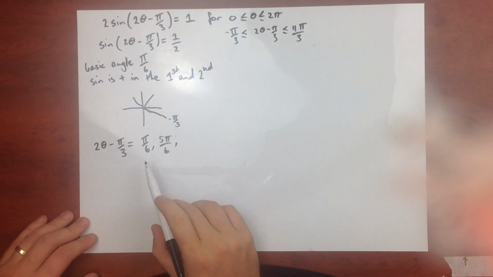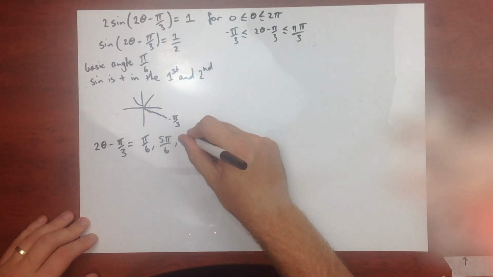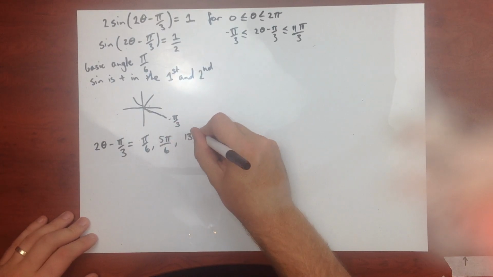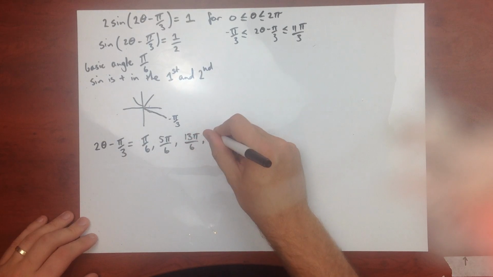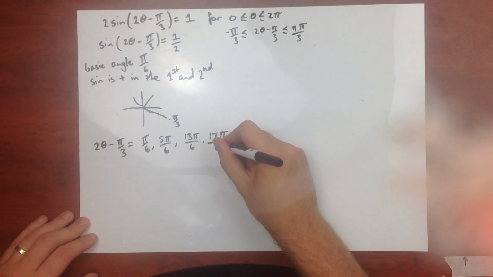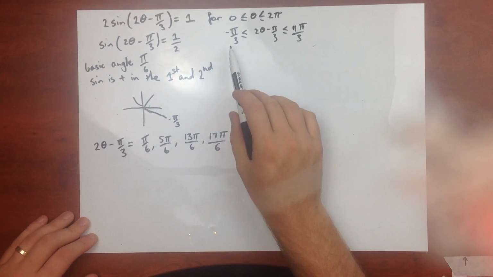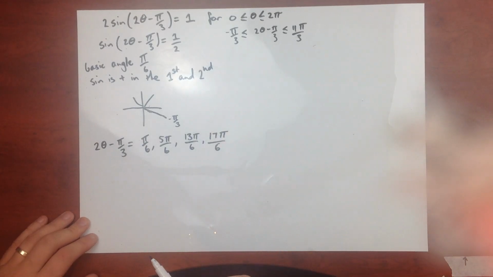Now what we're going to do is add on 2 pi to both of those, which will give us 13 pi on 6 and 17 pi on 6. So what we need to be careful of when we've done that is that we're still inside our domain here. And we've got all of our solutions.